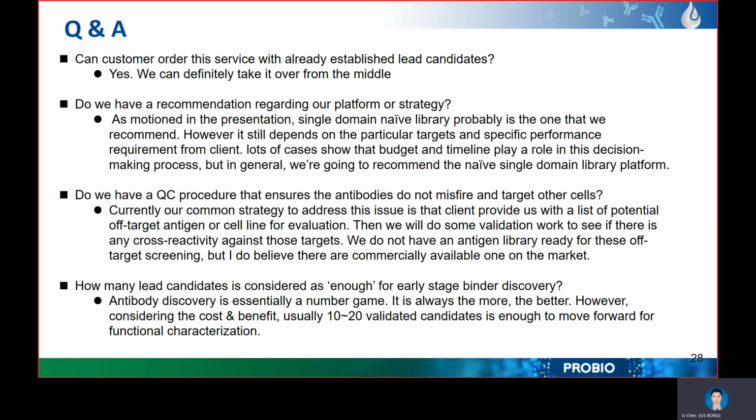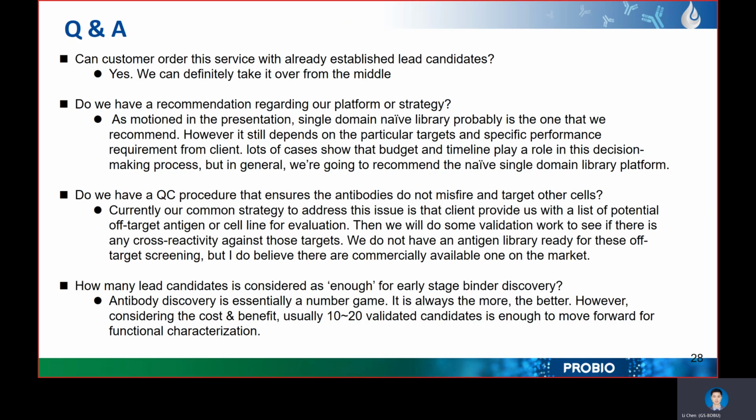Then we will do some validation work to see if there is any cross-reactivity against those targets. We do not have any antigen library ready for this off-target screening, but I do believe there are commercially available ones on the market.